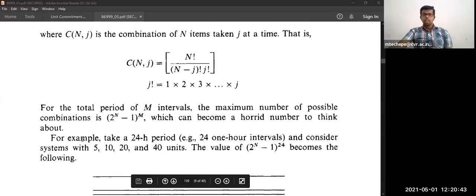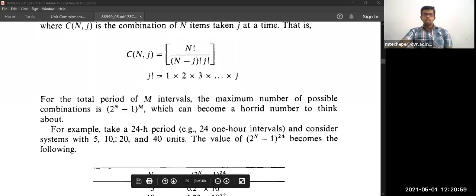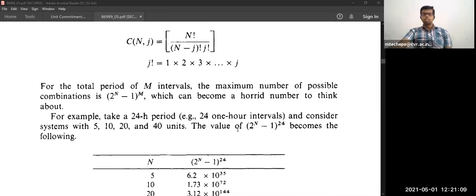For example, if you take a 24 hour period, that is 24 intervals of one hour each, and let us consider units of size 5, 10, 20 and 40 generating units. The value of (2 power n minus 1) the whole power 24 becomes the following.